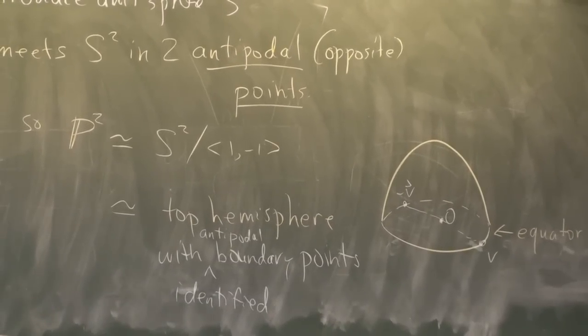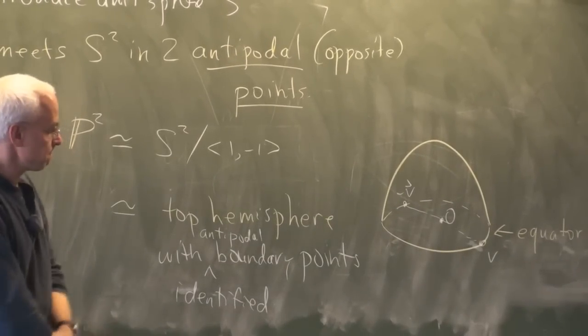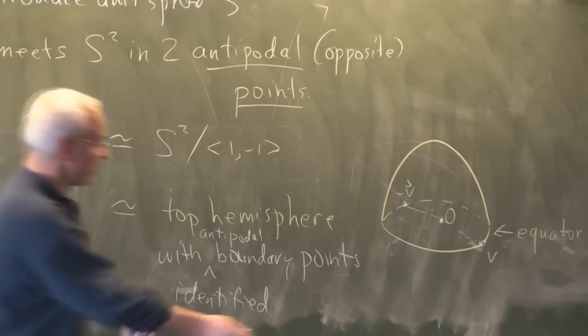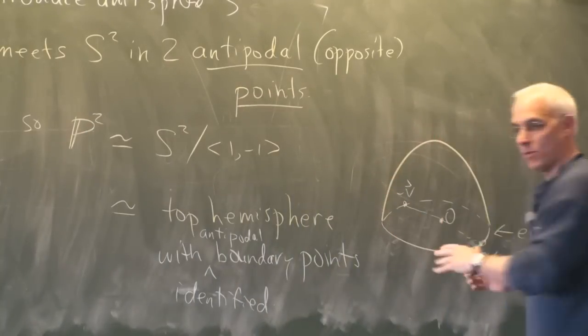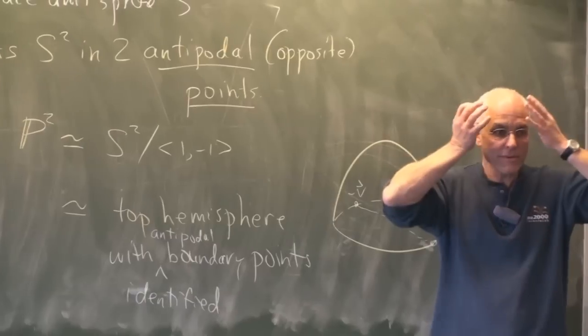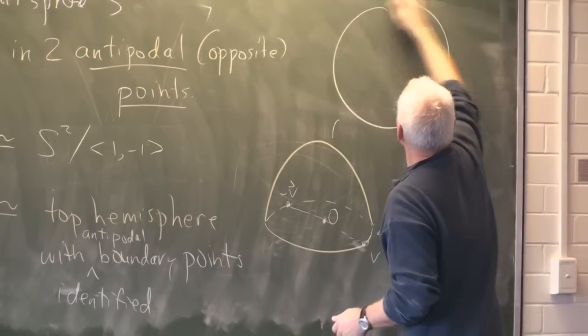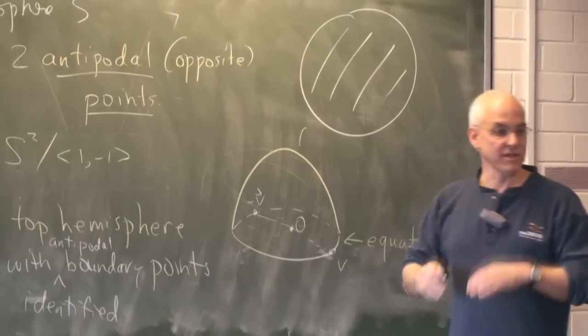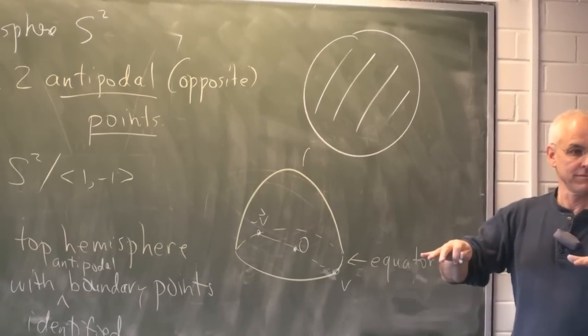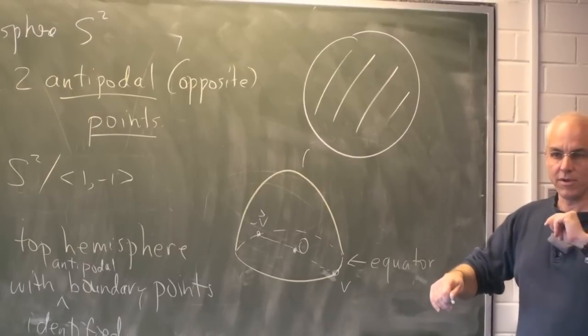Okay, so how does that identification work? Well, let's just take that top hemisphere, which is like a cap, and we'll just flatten it out. Now it's a disk. And what do we have to do?